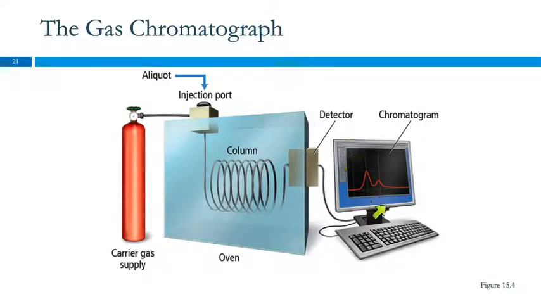You'll have different peaks, and so this indicates one compound coming off the column, and this is another compound coming off the column. And so the concentration is going to be related to the area of that curve. We've got a gas chromatograph in the instrument room here.